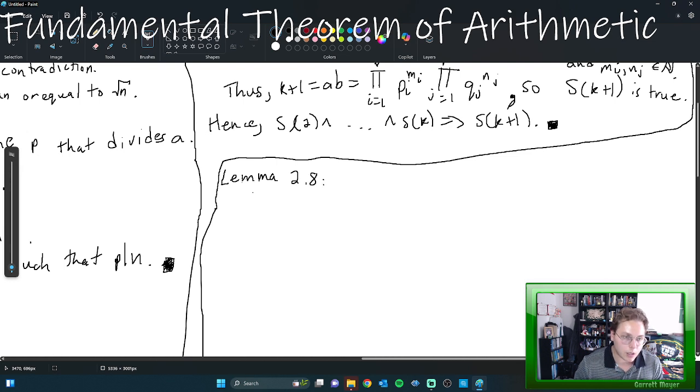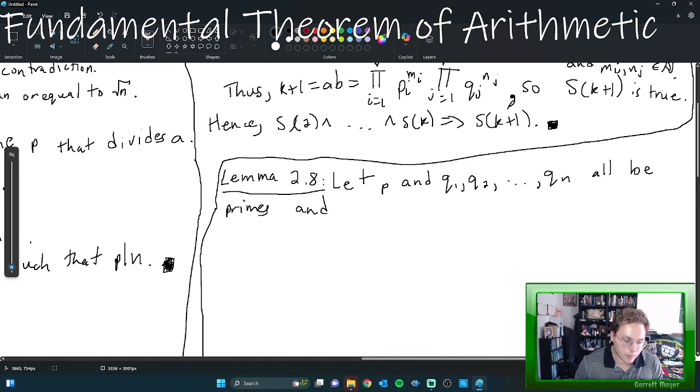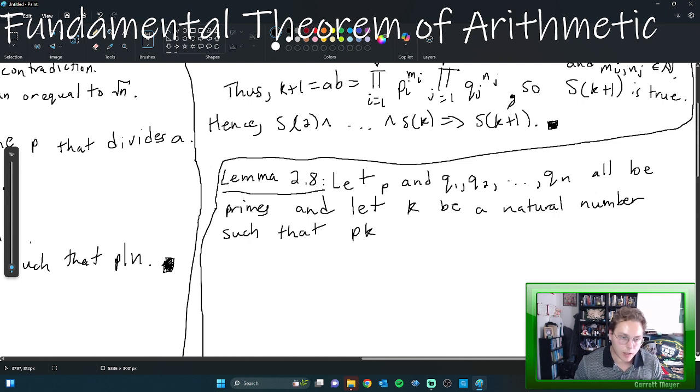2.8, and in the textbook this is: let p and q1, q2, ..., qn all be primes, and let k be a natural number such that pk equals q1 q2 ... qn.